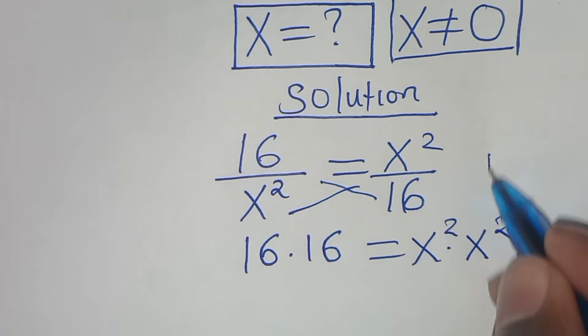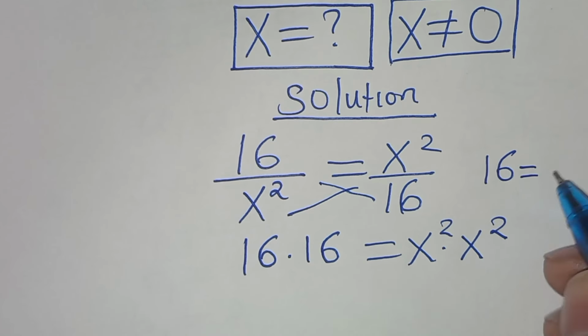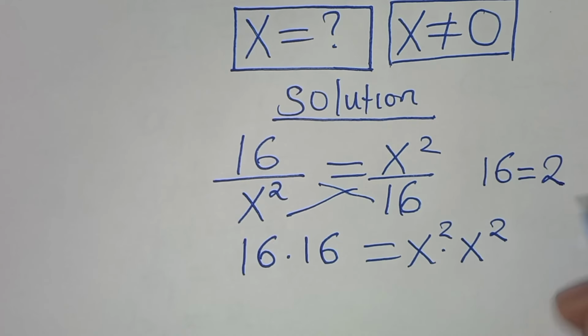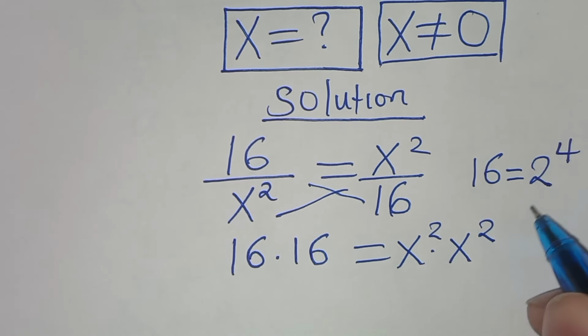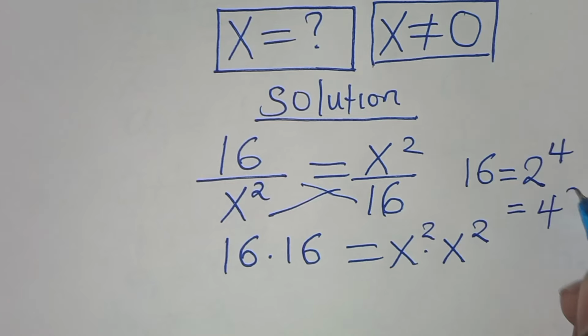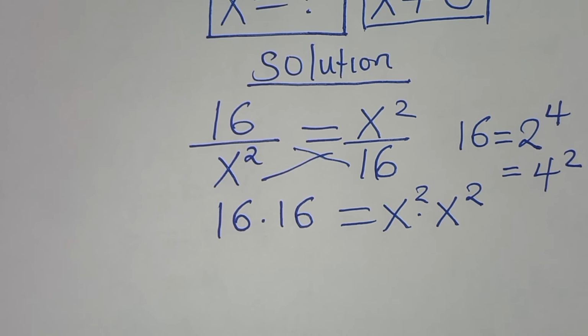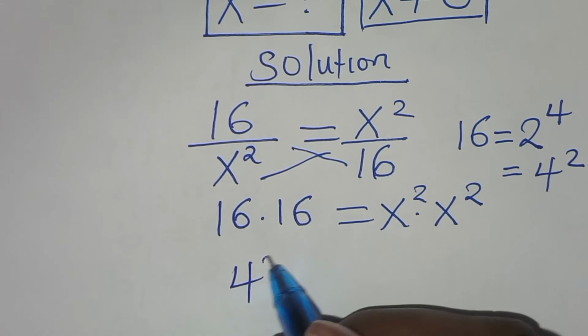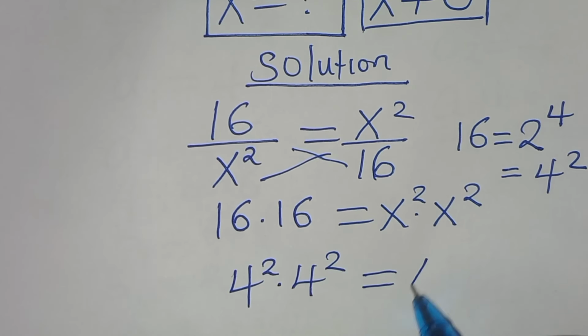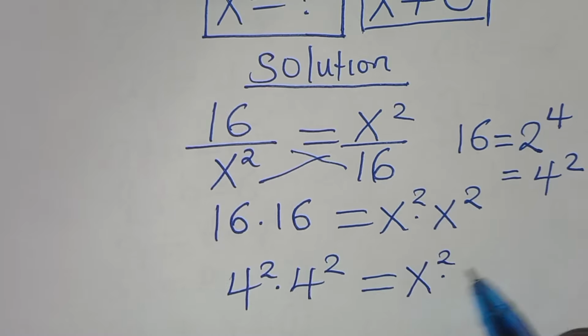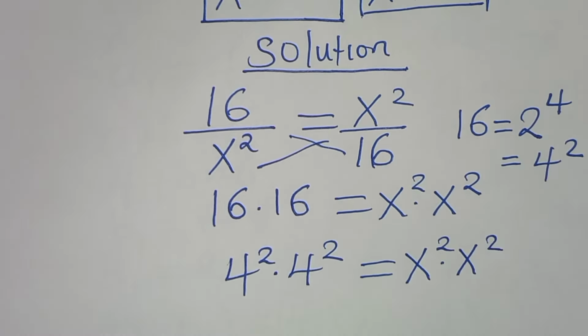We can express 16 as 2 to the power of 4, or as 4 to the power of 2. So 4 to the power of 2 times 4 to the power of 2 is equal to x to the power of 2 times x to the power of 2.